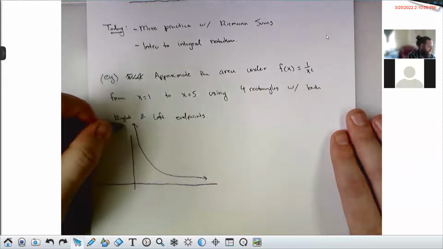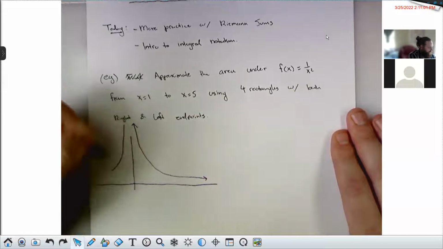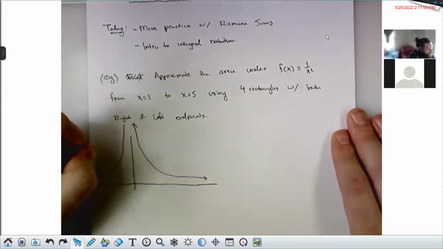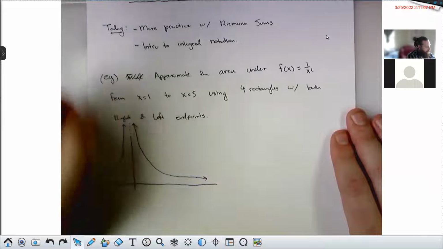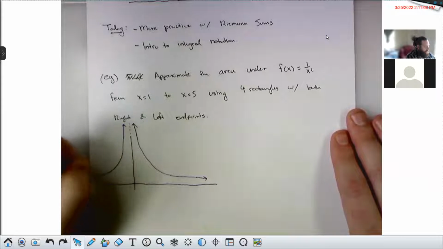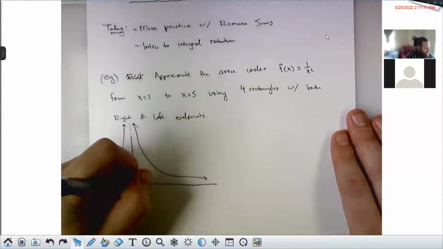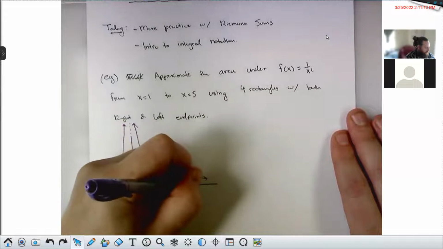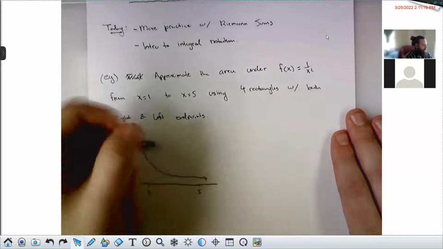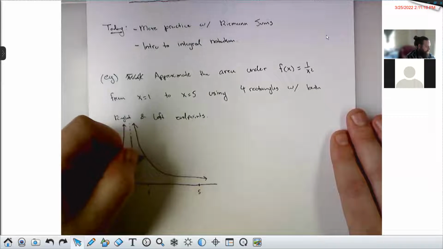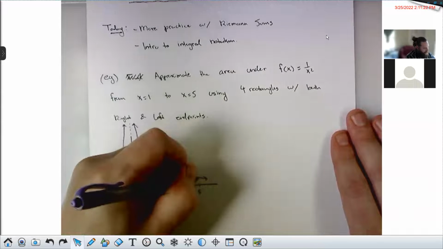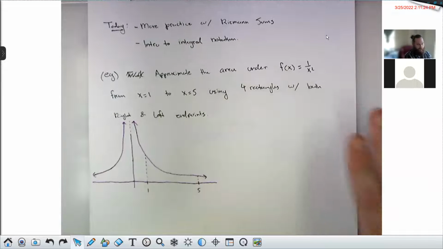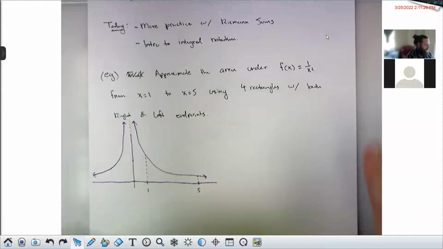Of course, this is an even function, so the graph is symmetric on that side. But I don't care about that because I'm looking here from 1 to 5. So the area we're trying to approximate is this pencil shaded area.